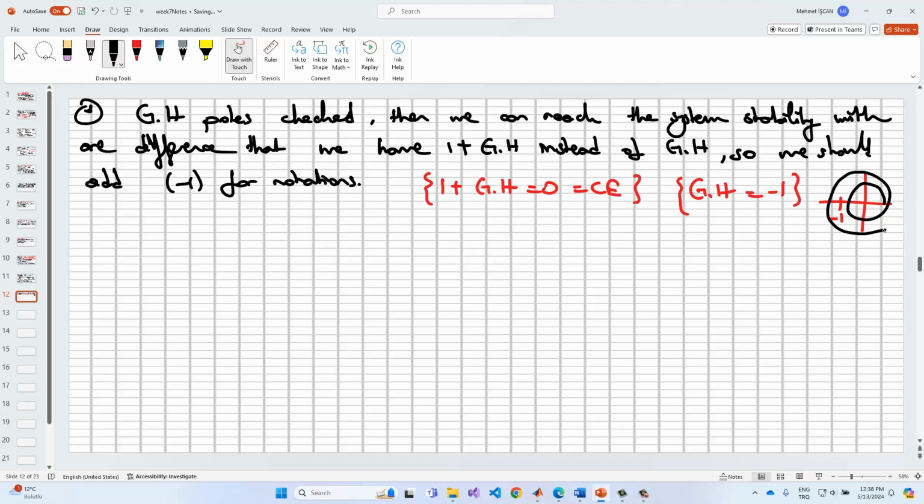But if a circle is completed to cover this -1, then our system is unstable, because this plot is going to cover the -1 value, right? Because these contours possess every value of this s plane, right? And so just remember, if we have this equation in the root locus, then we can search the whole area of the characteristic equation, and we can assign the poles of the system.